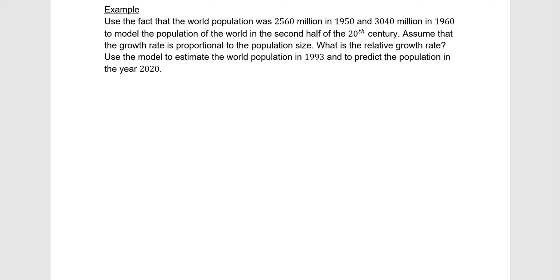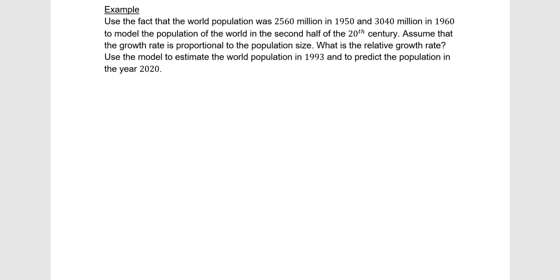Example: use the fact that the world population was 2,560 million in 1950 and 3,040 million in 1960 to model the population of the world in the second half of the 20th century. Assume that the growth rate is proportional to the population size. We want to know what's the relative growth rate, and we want to use the model to estimate the world population in 1993 and to predict the population in the year 2020.